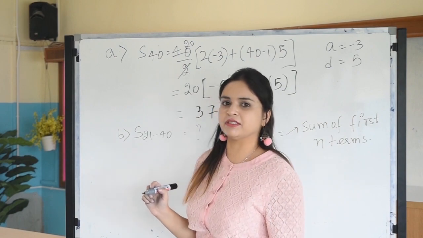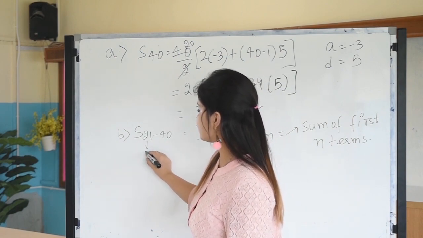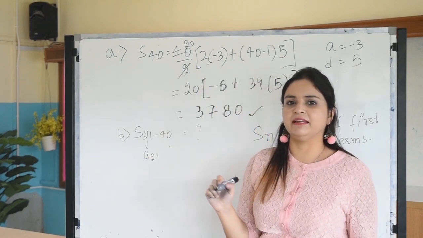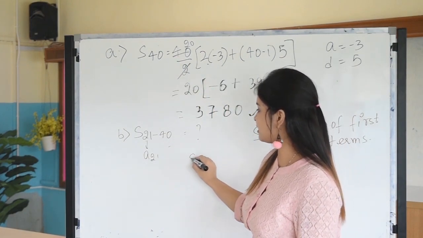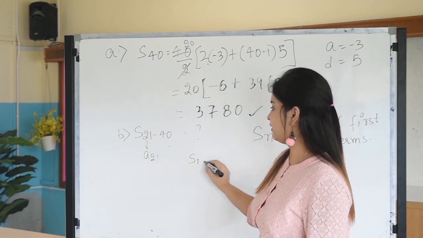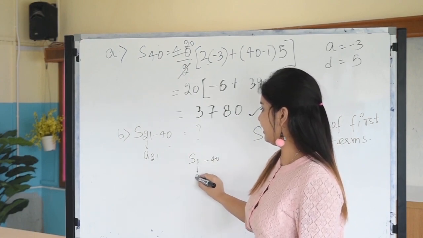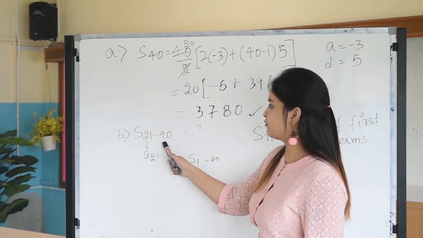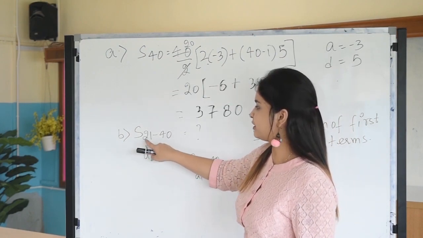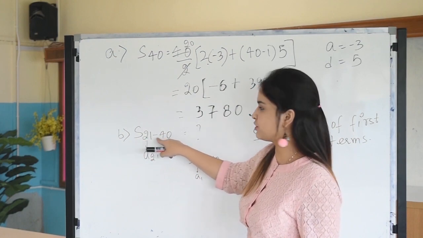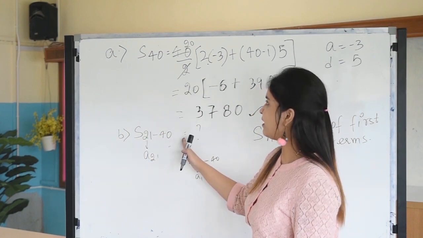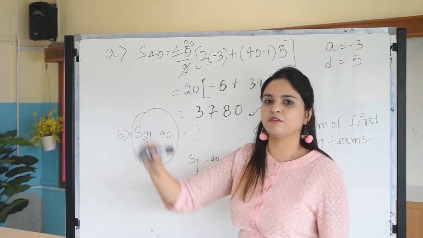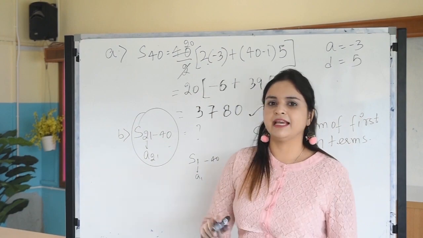But in this question, my first term is a21. So I cannot use this formula directly, because for this formula my first term should be a1. But the question is to find the sum of the terms from 21st to 40th. So how am I going to use this formula to find the value of this expression?